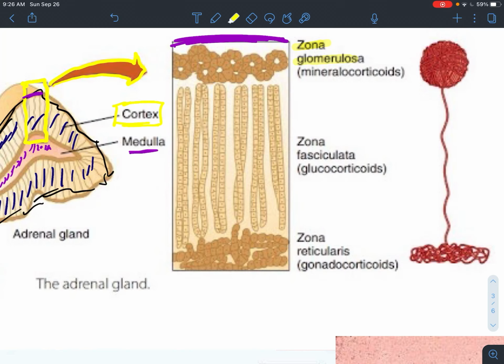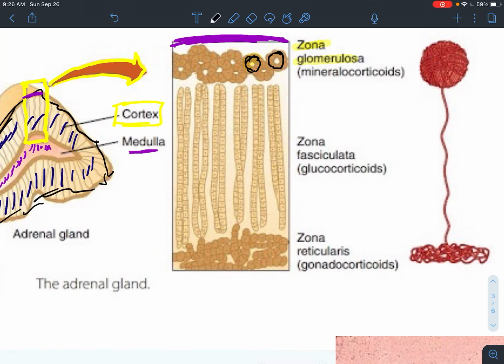And the reason why it's called glomerulosa is because it has that circular type of structure, that glomerular or circular type of structure of how the cells create those glomerular circular bundles right there.